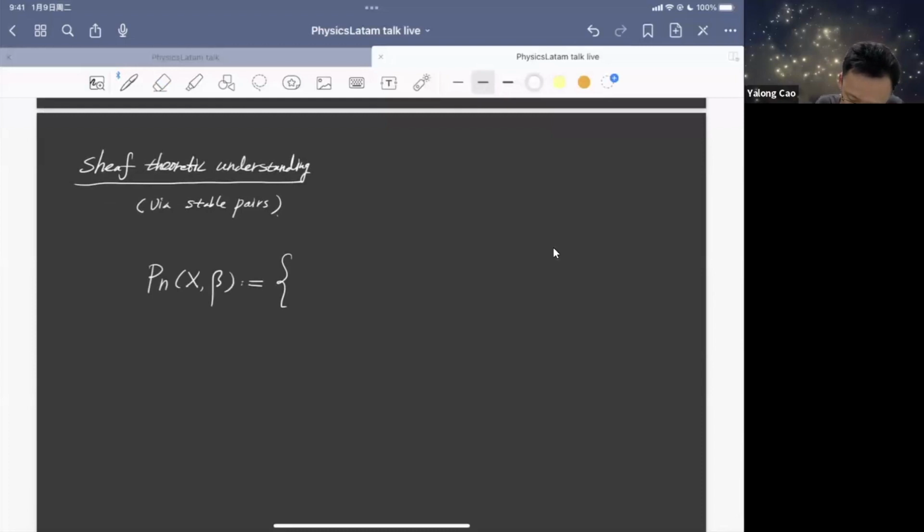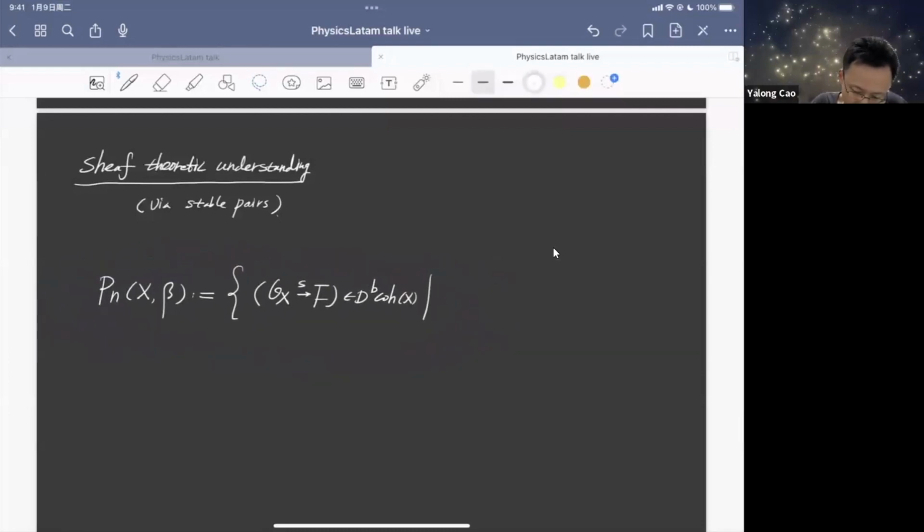So this will denote the moduli space of these objects in the derived category of coherent sheaves on X. In the Euro language, this F is just some coherent sheaf, and this OX is the structure sheaf, and we have a section of this sheaf F given by this S. And there's some requirement on this F and S, where we require F to be a pure one-dimensional sheaf, and the cokernel of this section is zero-dimensional.